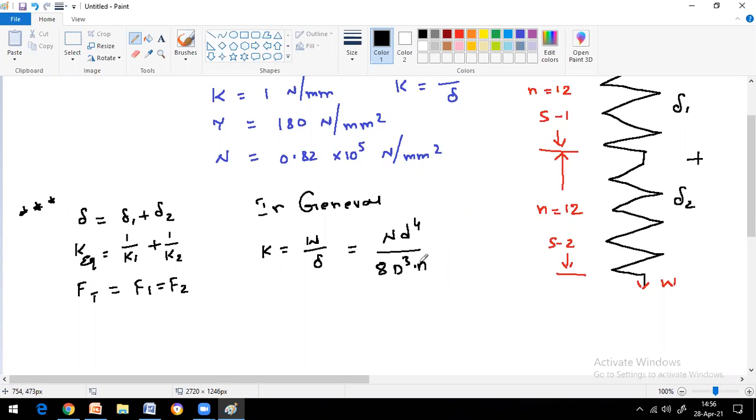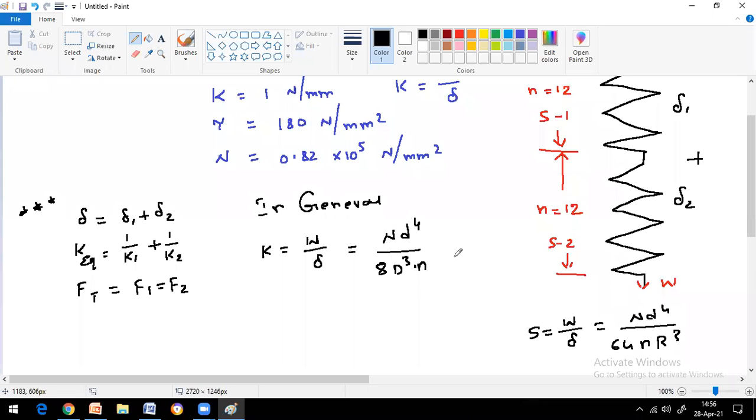Tell me how it was written. You should not forget the stiffness of the circular coiled helical spring when the cross section is a circle. What is the stiffness formula? n d power 4 by 64 n r cube. Remember?